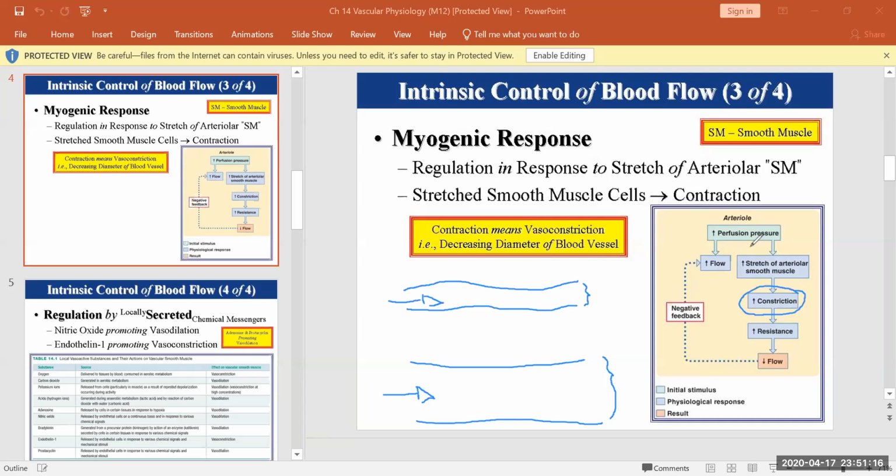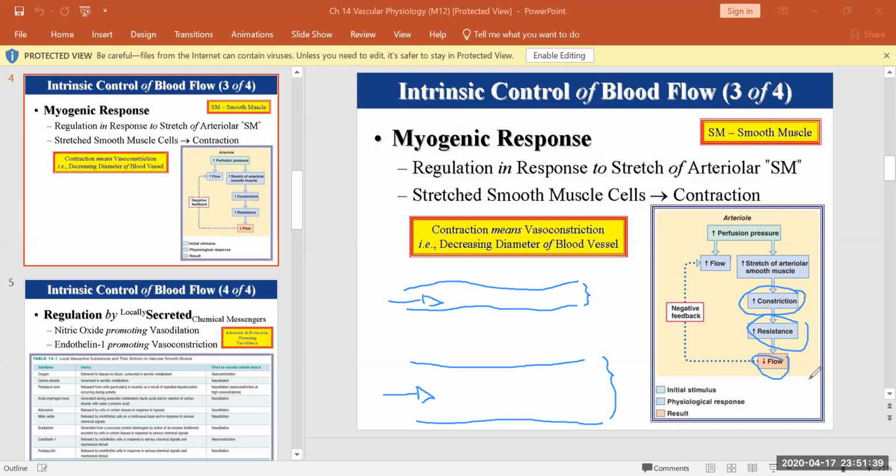That wall will respond. It's like somebody slaps you, you don't let them slap you, right? You hit back. It's the same thing here. If you try to expand the blood vessel, it will respond by constricting back. This is exactly what happens. So when you constrict back, you increase the resistance and you decrease the flow, right?